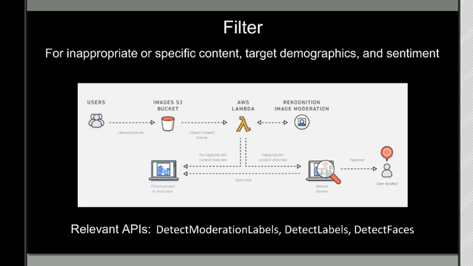So we're saying these guys are completely safe. We're very confident with that. And then you play with those metrics, those confidence scores, until you tune it, adapt it to the application environment. So you can see the APIs there, obviously moderation labels, but DetectLabels and faces are also appropriate for filtering use cases.